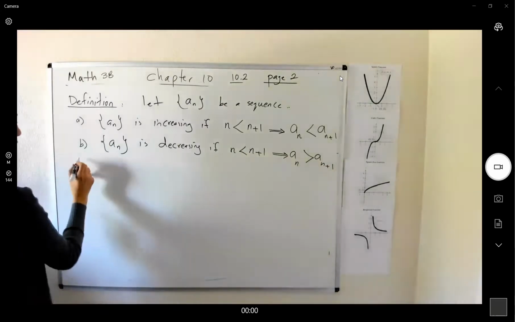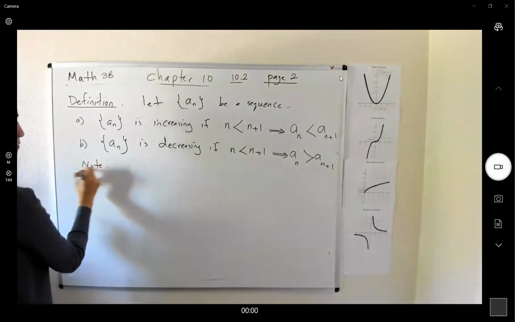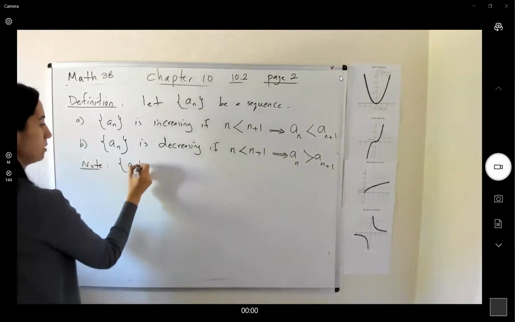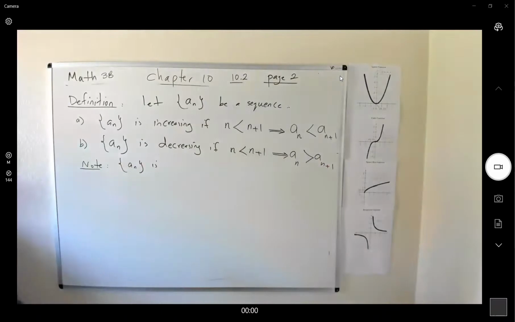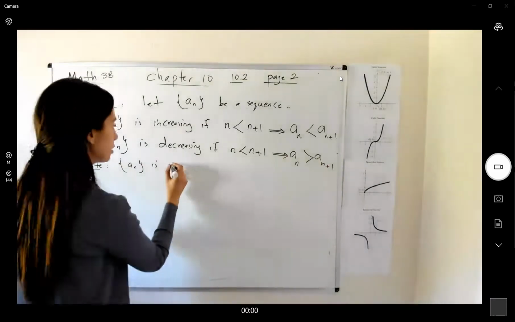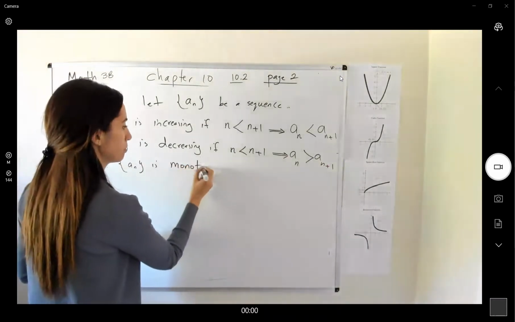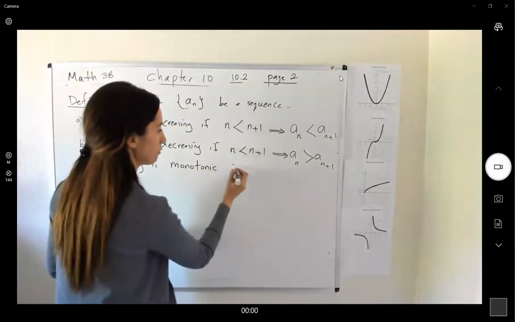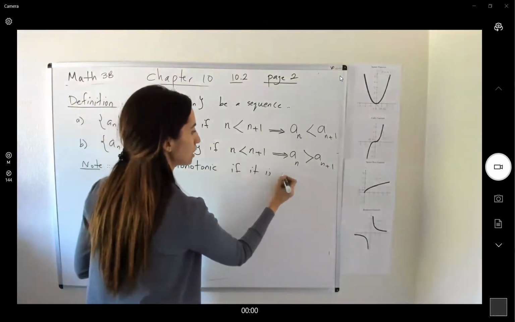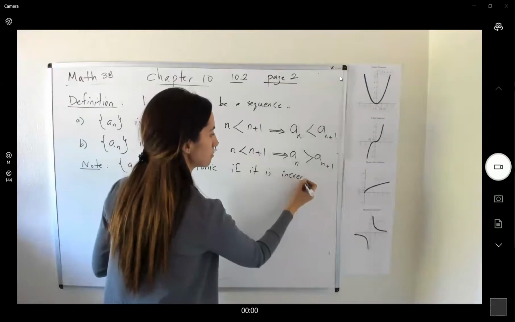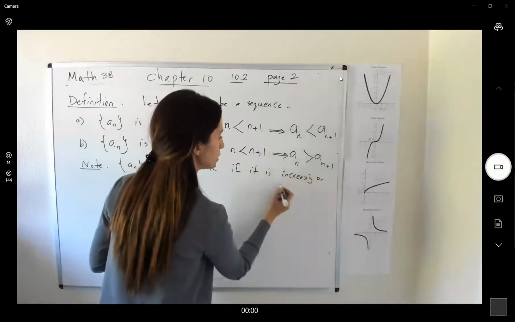In general, you say that a sub n is monotonic if it is increasing or decreasing.